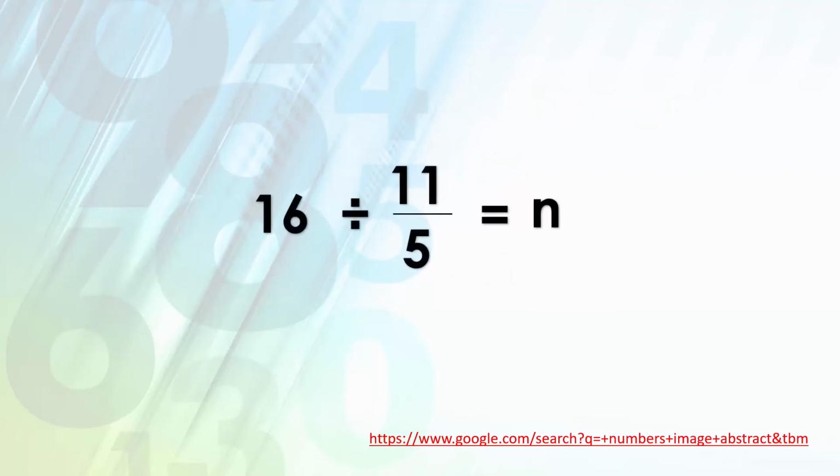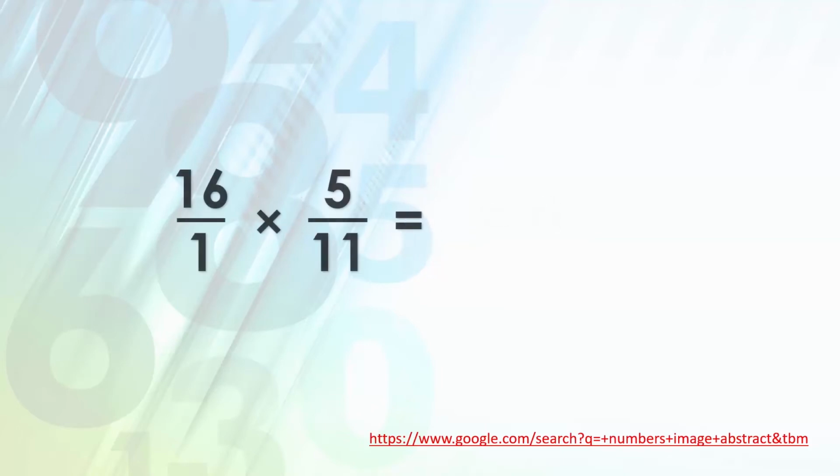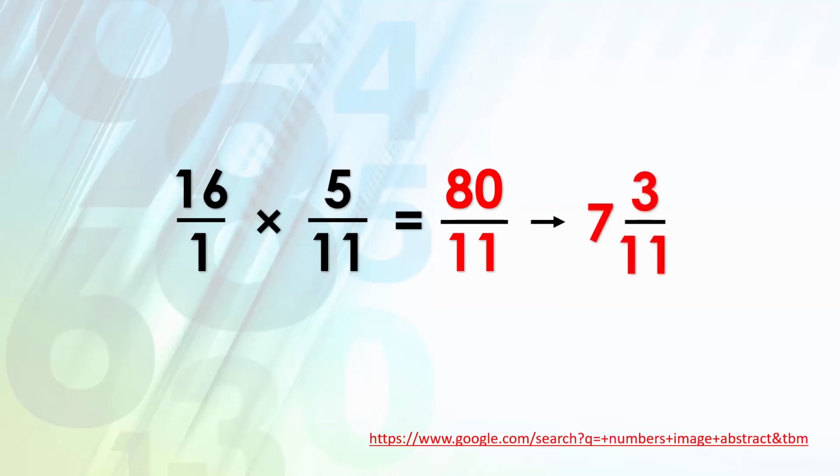Next is to multiply the dividend by the reciprocal of the divisor. 16 over 1 times 5 over 11. The answer is 80 over 11. We can simplify this fraction by converting the improper fraction to a mixed number, since the numerator is bigger than the denominator. Our final answer is 7 and 3 over 11.